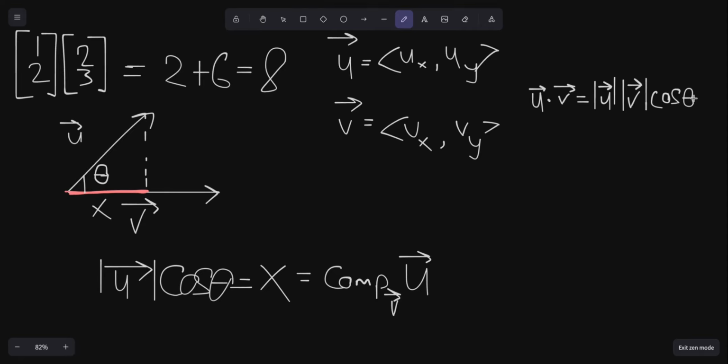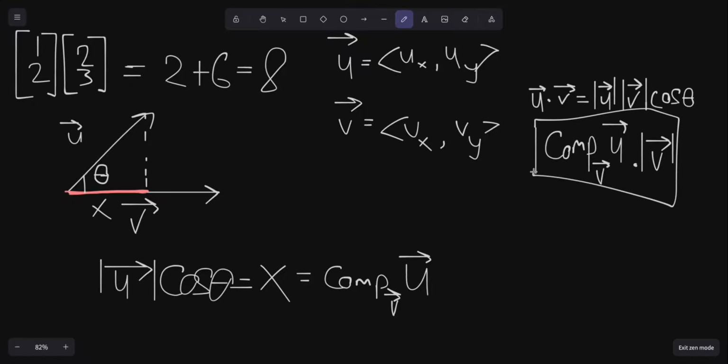And so looking at this formula, we can substitute magnitude of u and cosine in for the component of u onto v. So I can substitute it into these two terms. And when I do this, the dot product is just going to be equal to the component of u onto v multiplied by the magnitude of v. So this is another way to write out the dot product.